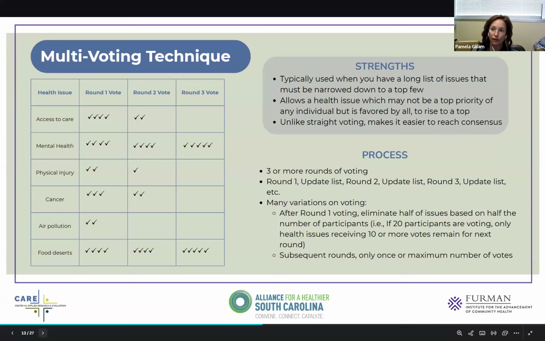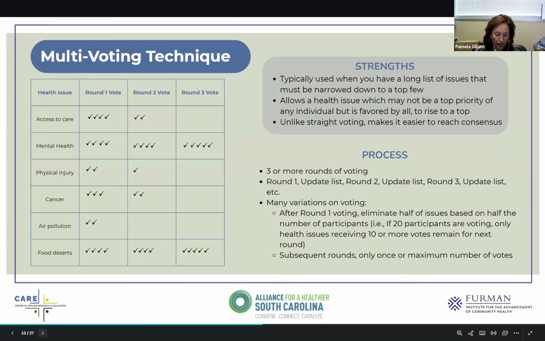Another variation is in the first round of voting. One thing that you can do is let folks vote for as many issues as they want. So if there are 20 health issues in that first round of voting, you can say y'all can pick all of them if you want to. Or you can limit them to a certain number, which is what we're going to be doing today as part of the learning experience.